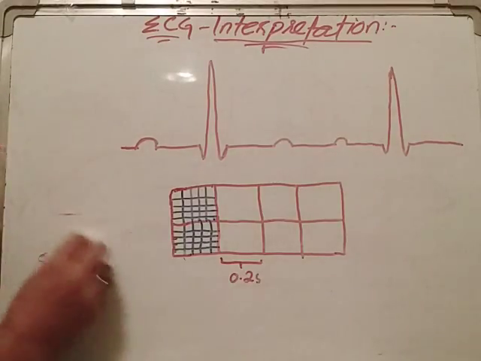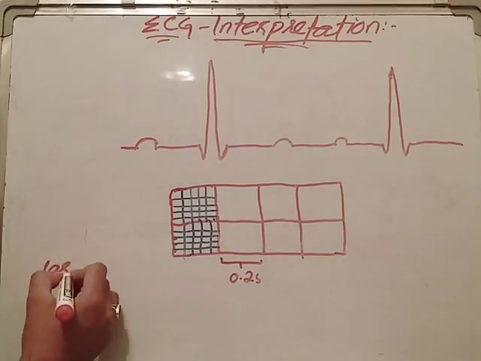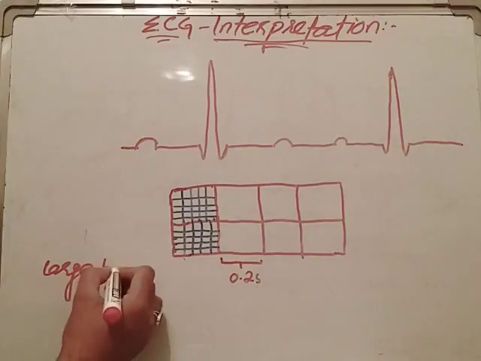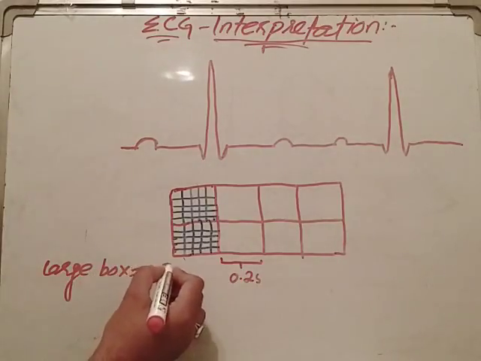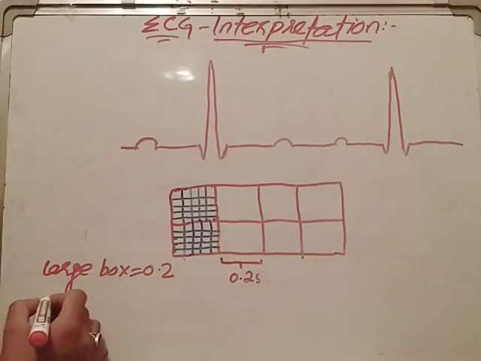So if one large box is equal to 0.2 second, then what is one small box? One large box is equal to 0.2, and one large box is equal to 5 smaller boxes.